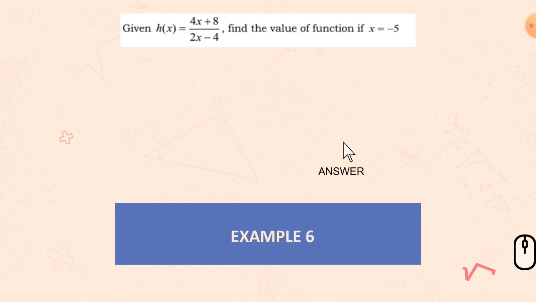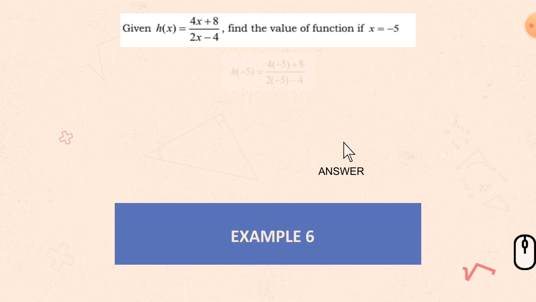So how about ito? Rational function. So h of x is equal to 4x plus 8 all over 2x minus 4. Find the value of function if x is equal to negative 5. So substitute the value of x into negative 5.